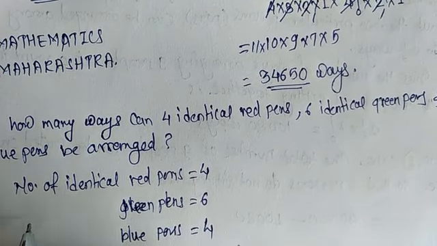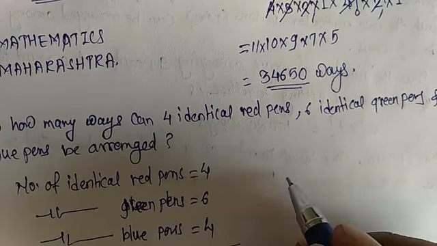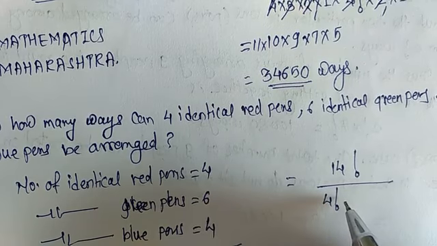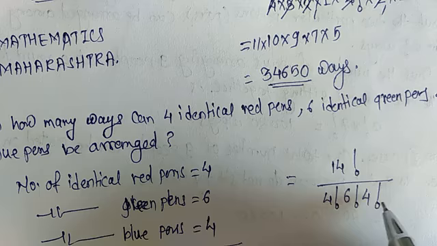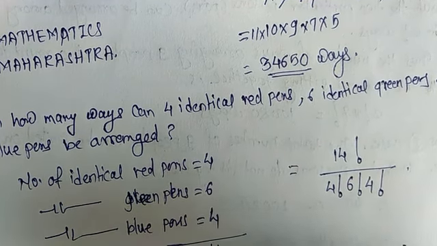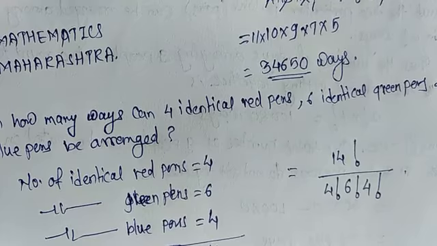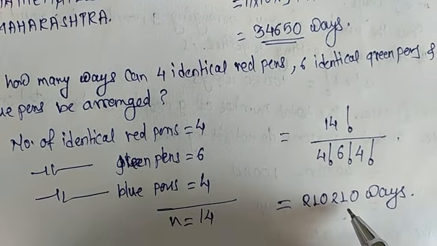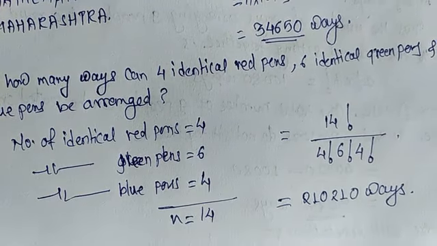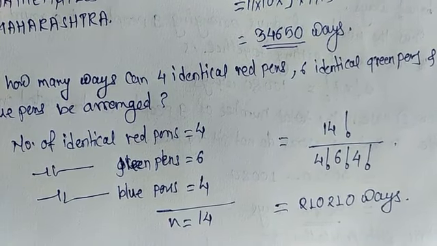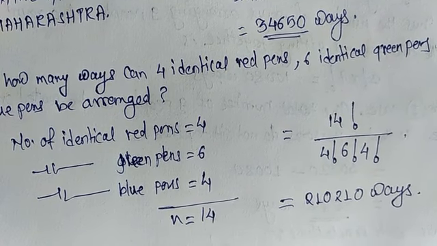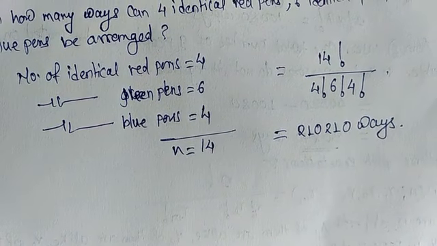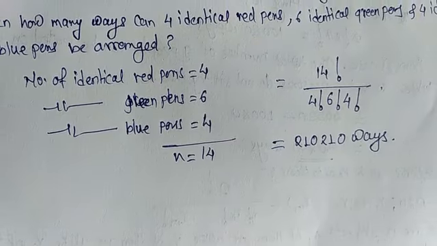Therefore the total number of arrangements is 14 factorial upon 4 factorial into 6 factorial into 4 factorial, which will be our required answer. If you calculate it, we get the answer 210,210 ways. So for today we will stop here. In the next lecture we will go toward combination. Thank you.